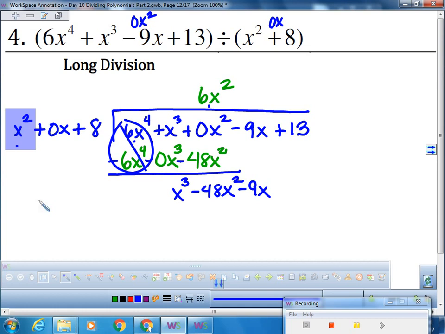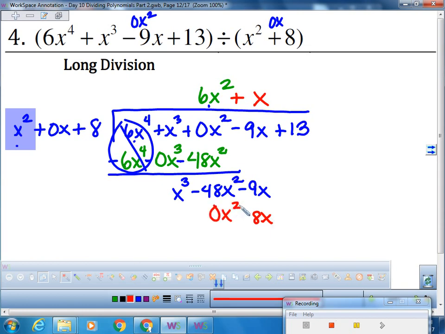x. And you're going to know it's just an x, not x squared or x cubed, because the next number that's going to go here is in the x column. Let me make this red. x times 8 is 8x. x times 0x is 0x squared.